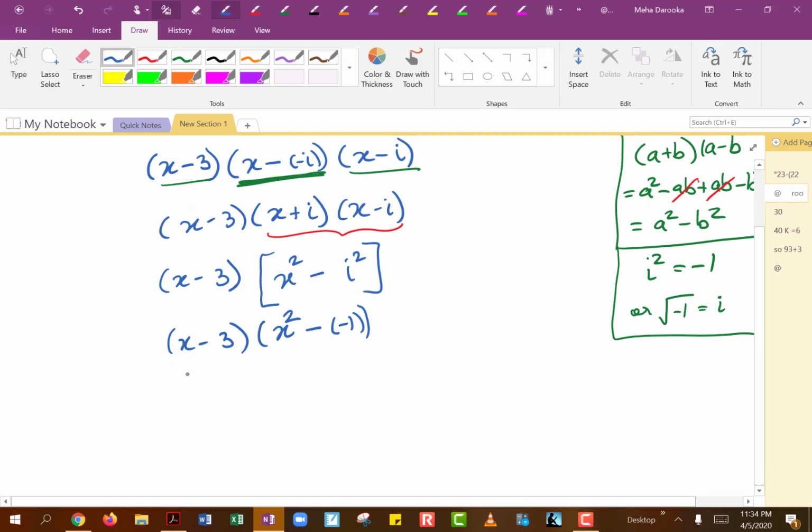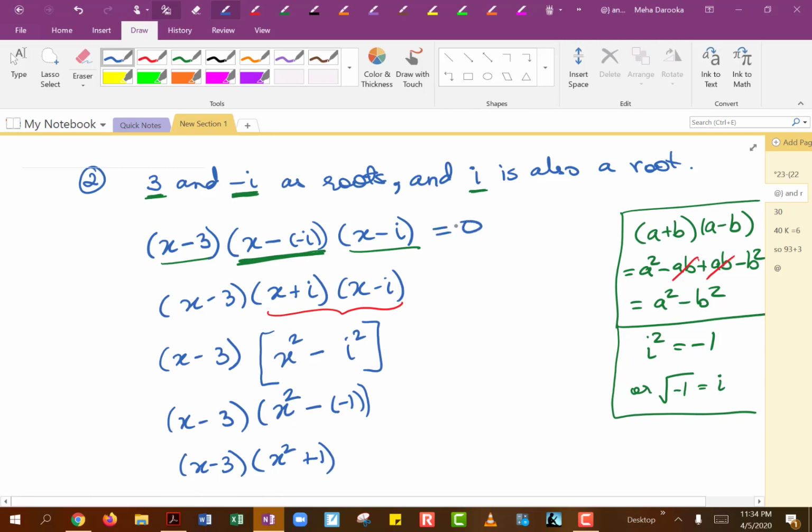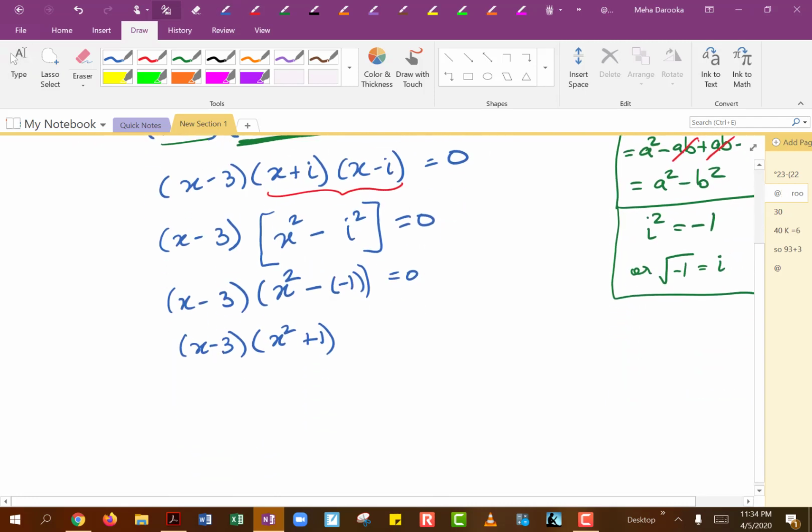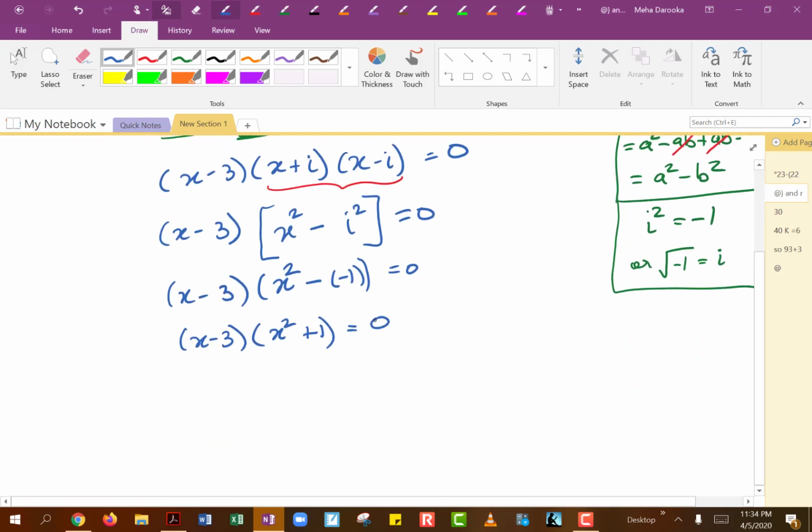So again, your x minus 3 will stay as it is. The second one will become x squared, negative and negative becomes positive. I'm sorry, this should be equal to 0. So x squared minus negative 1 will end up becoming x squared plus 1. And then again, go ahead and FOIL these two parentheses.